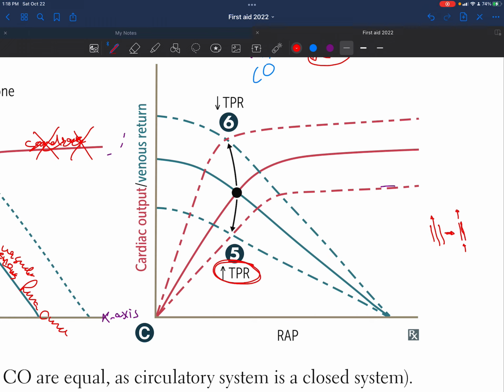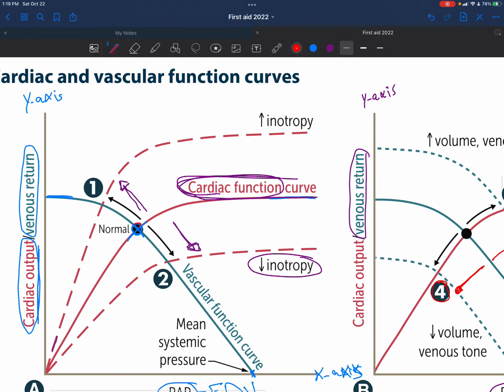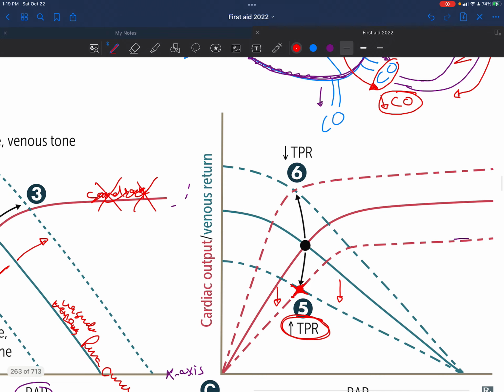We can see if we increase the total peripheral resistance over here, then we're pulling the venous function curve downwards, and the cardiac function curve downward as well. So the cross section between these two lines is going to go down. So the normal is going to get down over here.